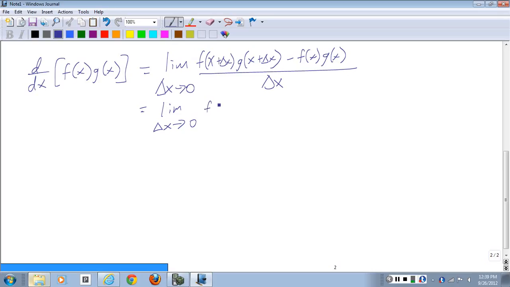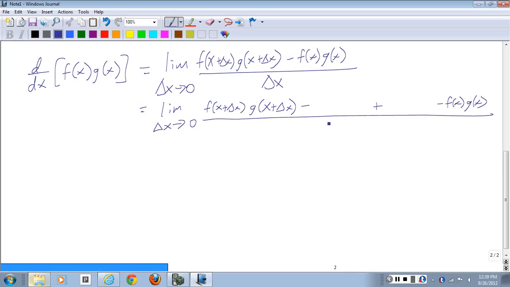It's going to be f of x plus delta x times g of x plus delta x, going to subtract it, going to add it, and then I'll have minus f of x g of x. What to subtract, what to add? Well, I want it to be something that's going to involve one of these functions evaluated at x plus delta x, and the other function evaluated just at x.